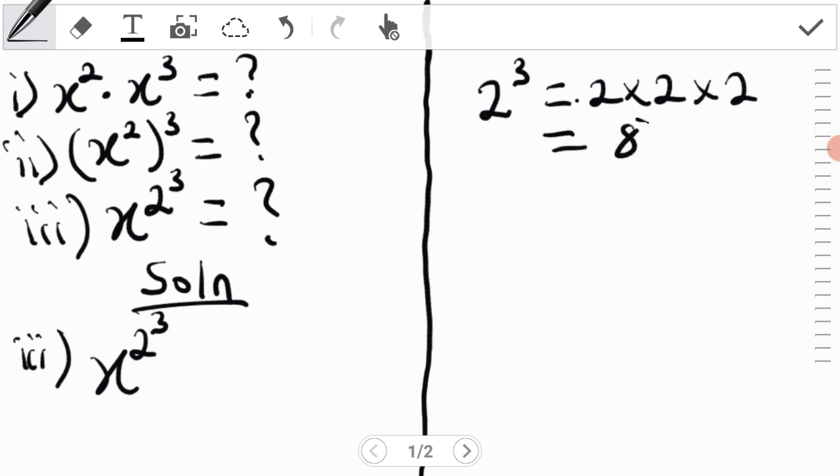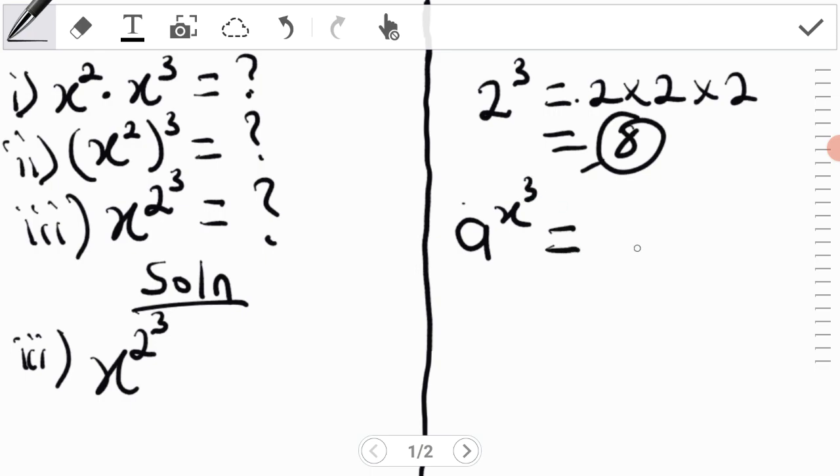And then after you've gotten this, you substitute into the equation. But let me write it in this form for you to understand. So let's say, for example, you have a raised to the power x, and then the x raised to the power 3, right?